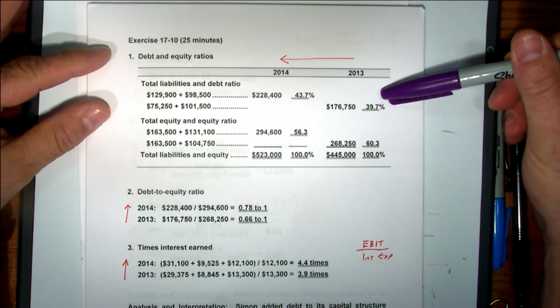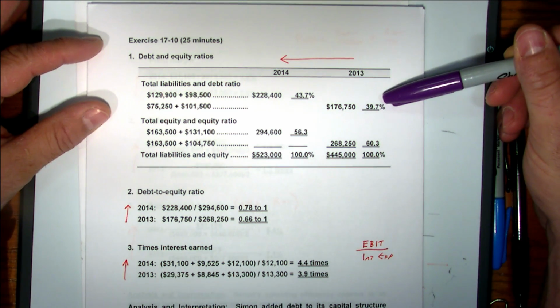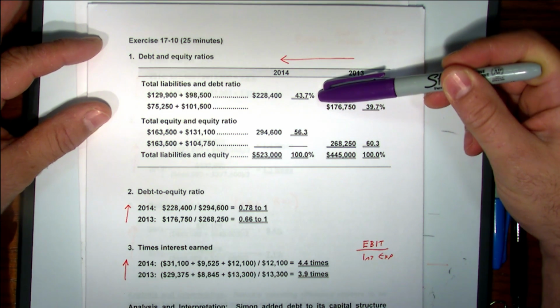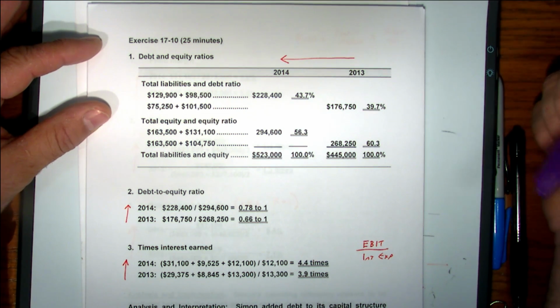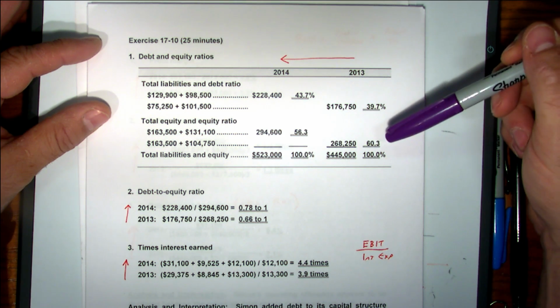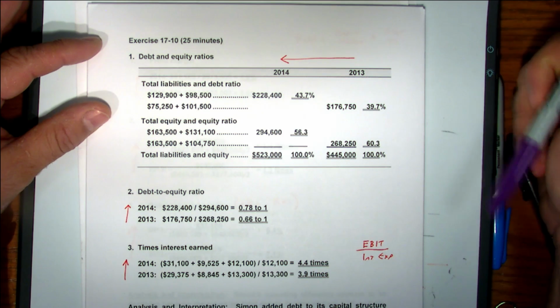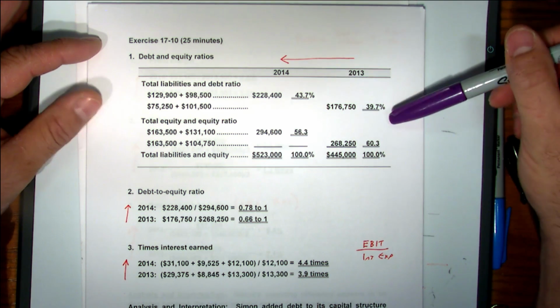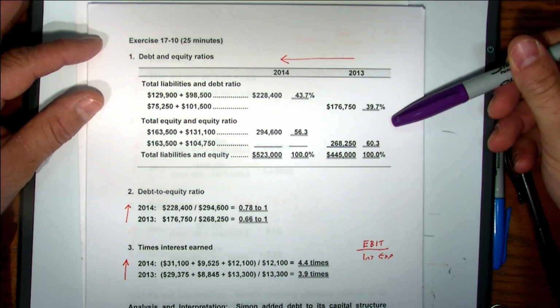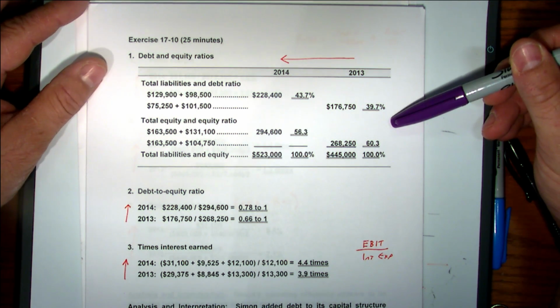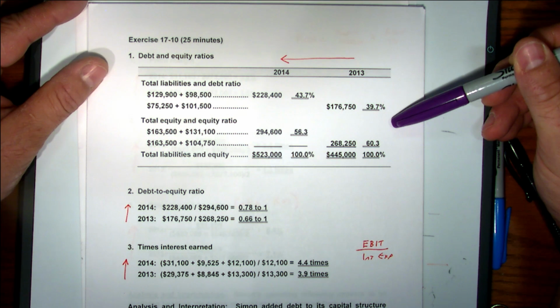Our debt used to be 39.7% of total assets. Now it's 43.7%. That indicates, as well as a declining equity ratio, because obviously these have to add up to 100%, that our financing is more with external finance, not with owner financing, but with banks, credit unions, those sorts of things.